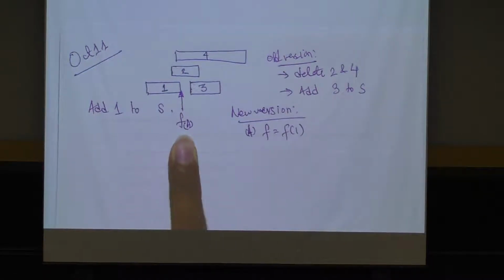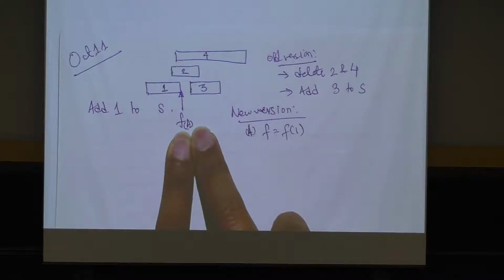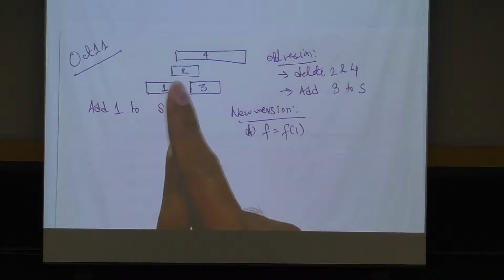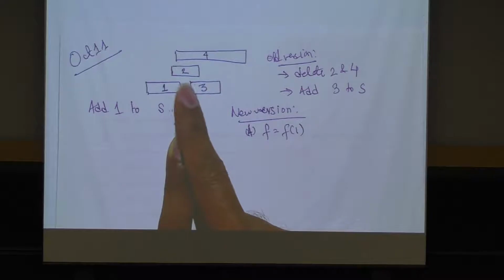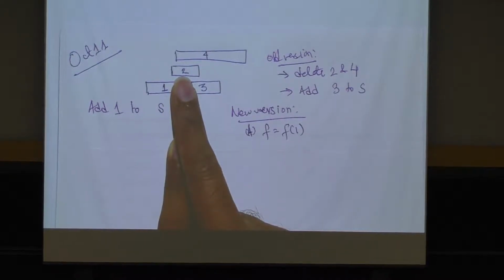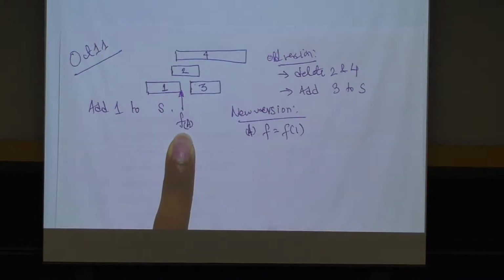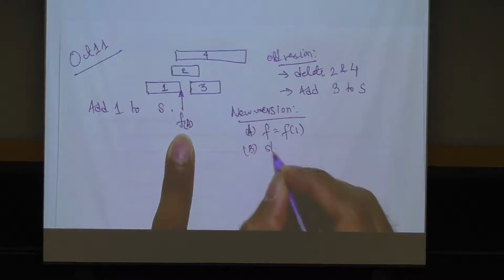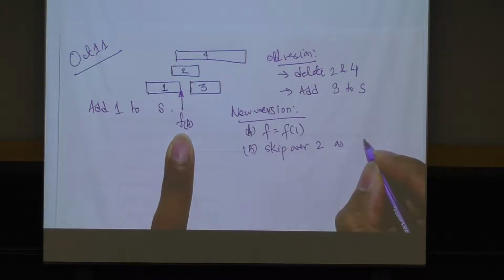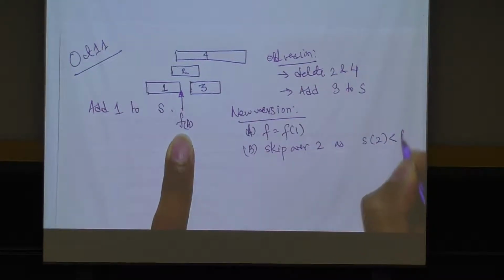So at the end of step A, F would be F of 1, right? Then we need to find the first job that doesn't conflict with 1, right? So what that means is you just walk through this order of increasing finish times and find the very first thing that doesn't conflict, right? So 2 conflicts, so you're not going to add 2, you're going to skip over 2, okay? So B: skip over 2 as S of 2 is strictly less than F.